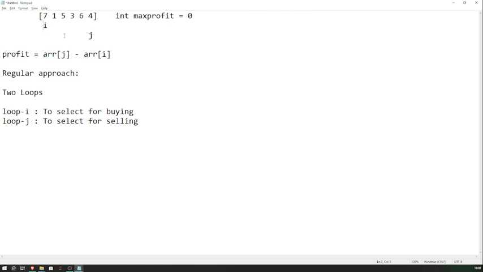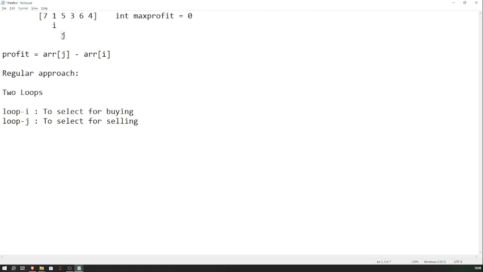Then what we'll do is i plus plus, and again j will start one after i. So j will start from i plus 1. Why? Because we can sell only after we buy. So if I am buying on i, then I can sell anytime after i.